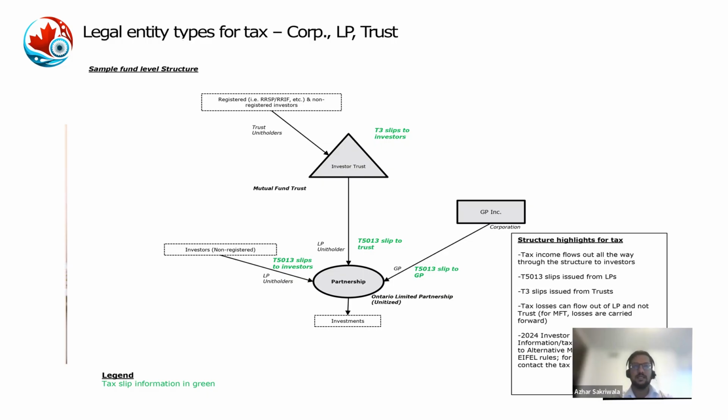Similarly, if these assets are held under a corporation, which is the CCPC, the income from real estate or assets is considered to be passive income, and that income will be taxed at the highest rate at 50.17%.